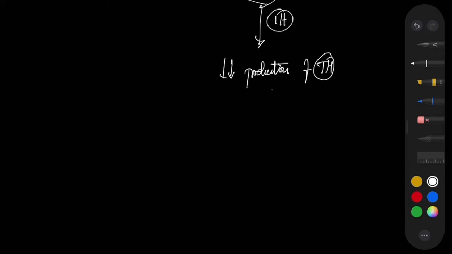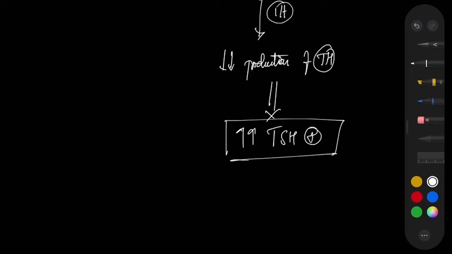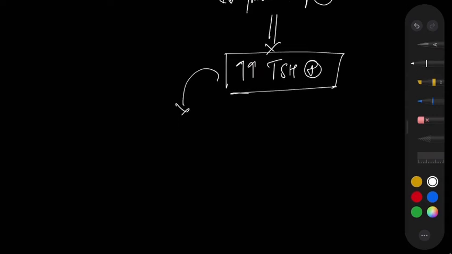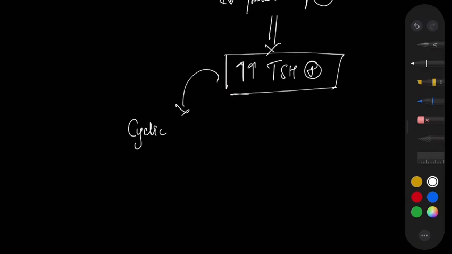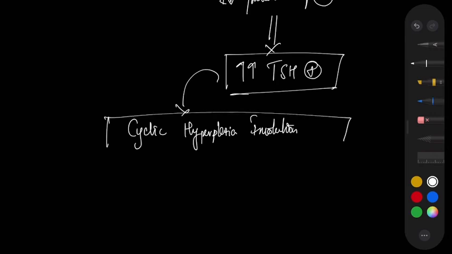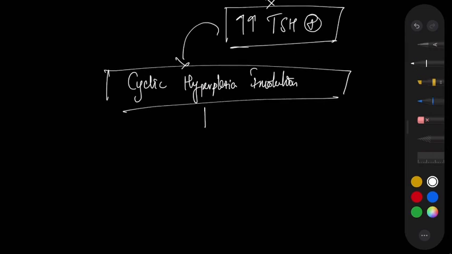Now this leads to excessive TSH stimulation. So this excessive stimulation of TSH leads to cyclic hyperplasia and involution. Now this leads to a condition called diffuse goiter.